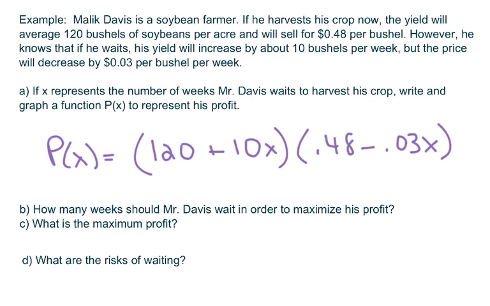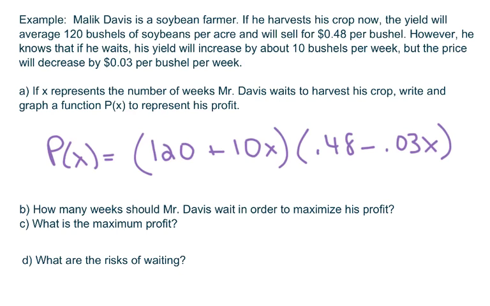So now let me ask this. What are the risks of waiting? We said if he waits to harvest, then he can get more bushels of soybeans, but it decreases the amount of money he gets per bushel because he waited so long. Are there any risks to waiting?